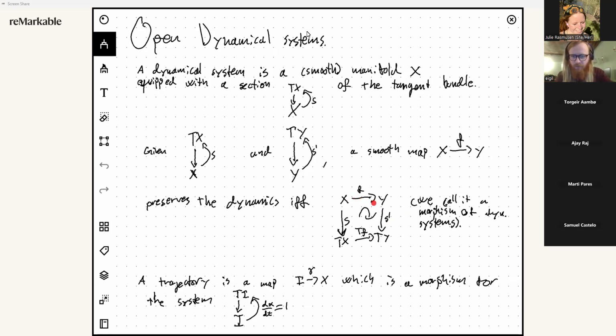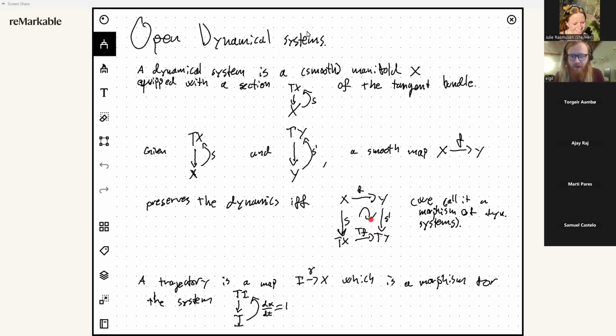You have the map f between the manifolds, then those two sections, which are now going downwards because that seemed more natural, and then the induced map between the tangent bundles, which is the derivative. It takes a point and a tangent vector to f of that point and the derivative of f in that direction, a tangent vector at f of x.